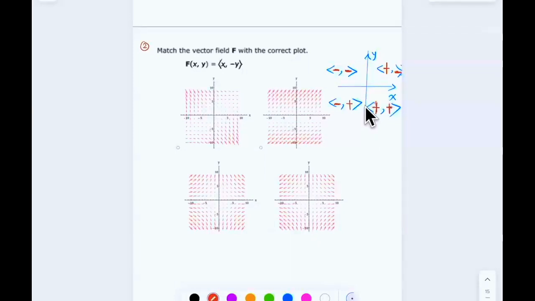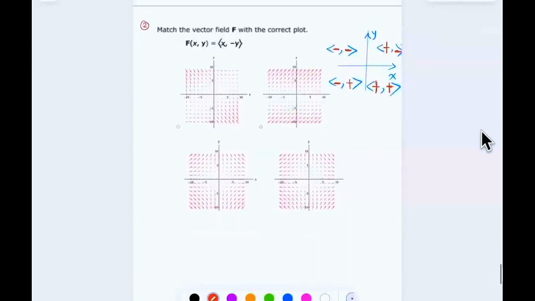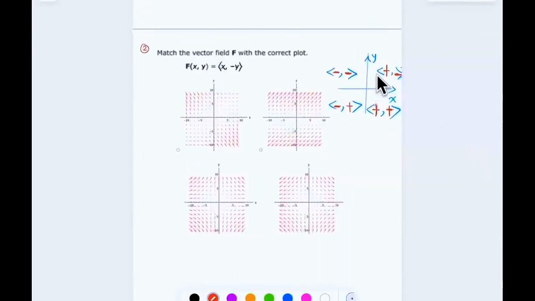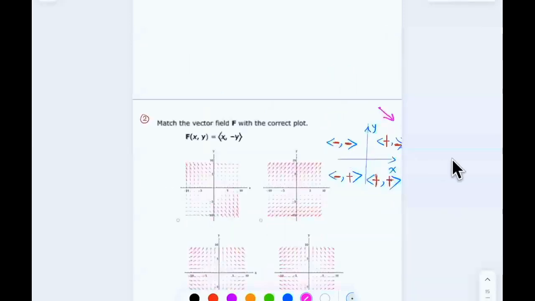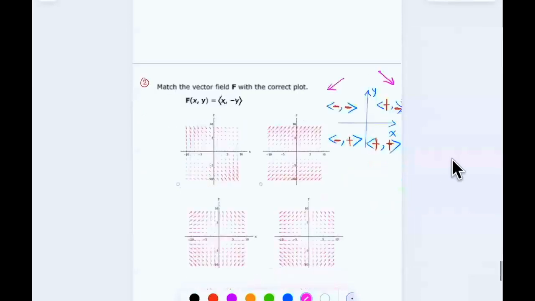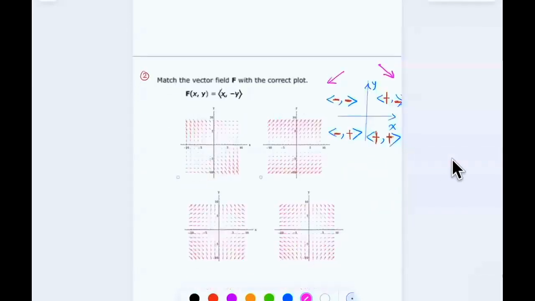Okay, let's see. Which one match you think? So let's look at this one. This is positive, negative. So what kind of vector do we have? It looks like the vector positive X and then negative Y. So it's going to go this way, right? Okay, and then for this one, negative is going to go this way, right? And then this one here, negative, positive, this way, right?